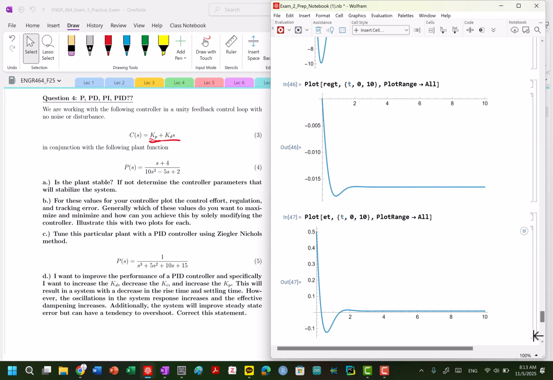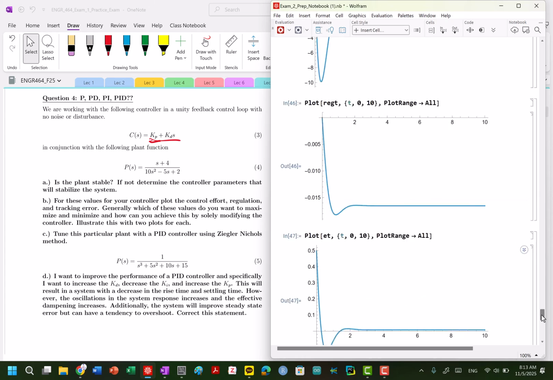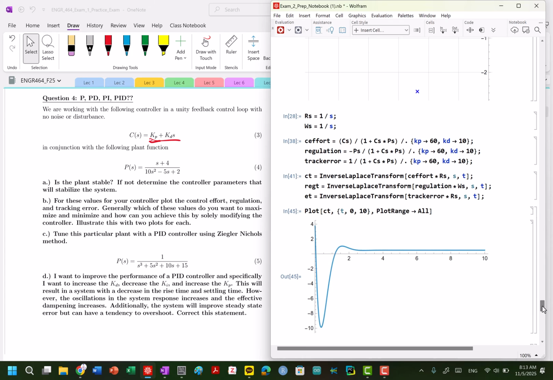So we can see here our error and our regulation are actually really well, we're fighting against the disturbance quite well. Let's say if we increase those values. So let's say this was 100 and then this was 50. Let's see how these values change. So if we change this, then we can go back and see what the minimum value is. So let's do 50, 50, 50.